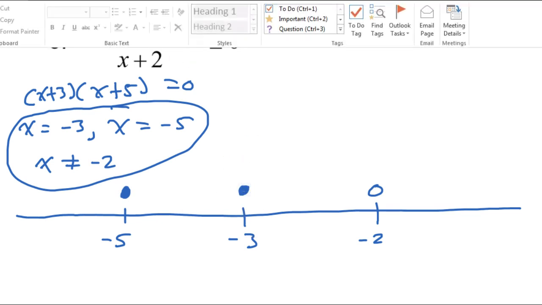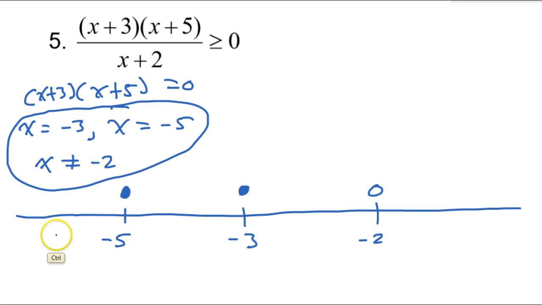Now we need to decide which values we're going to test. In the first interval, I'll do f at negative 6. In the second interval, I'm going to do f at negative 4. In the next interval, I'm going to have to do a decimal here. Fine. Be that way. F at negative 2.5.